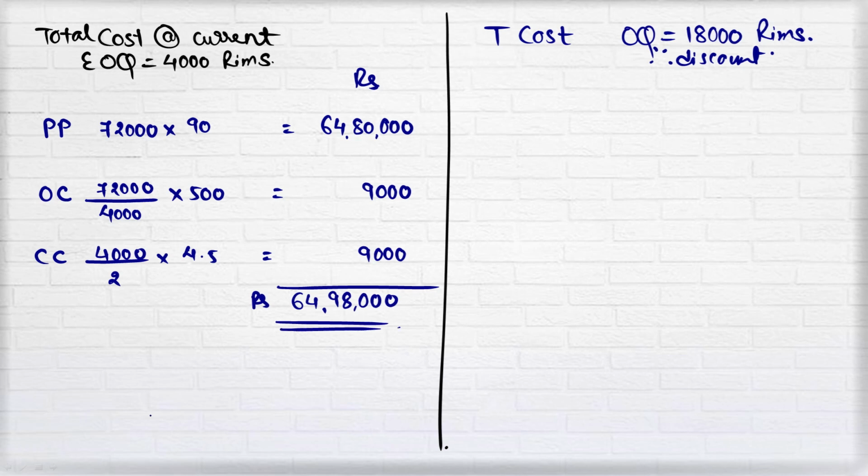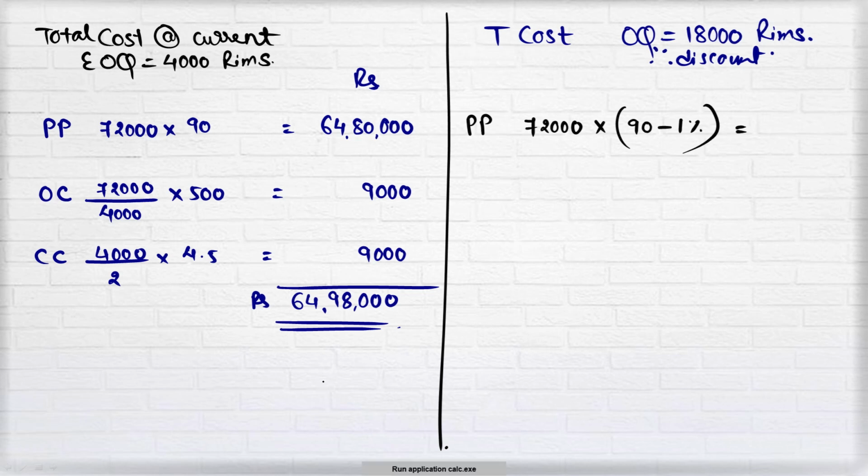This we have found out n numbers of times. Try to concentrate over here. If I order 18,000 rims per order, I would be still purchasing 72,000 units, right? I will not be purchasing only 18,000 one time. I will be purchasing not at 90 rupees, but minus 1%.